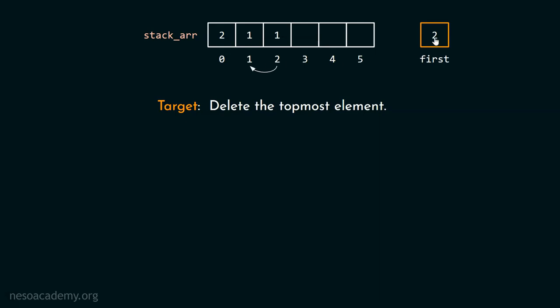Here you can see this is 2. That is why it is important to decrement this value by 1. And this is enough. There is no need to actually delete this element, but we can avoid it. So this is the last step needed, that is, decrement the variable first by 1. So this becomes 1, and this means that our first inserted element is at index 1 and not at index 2.